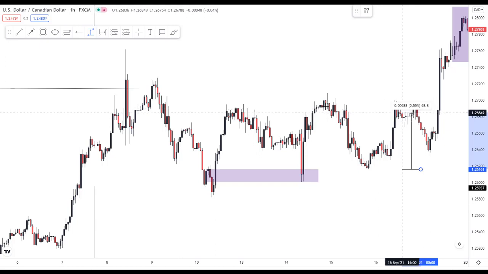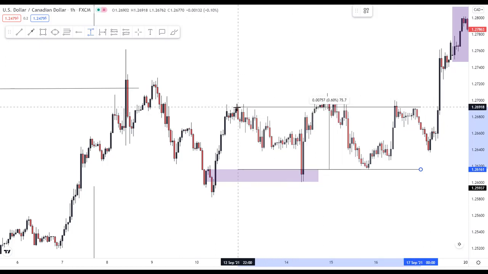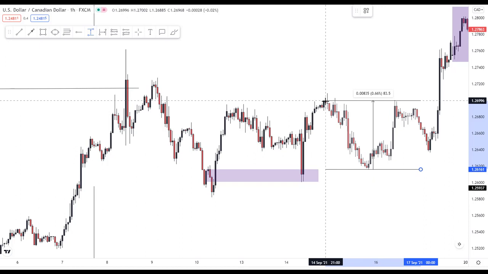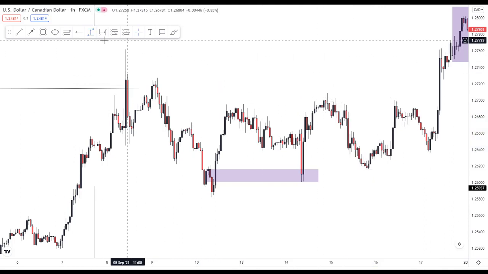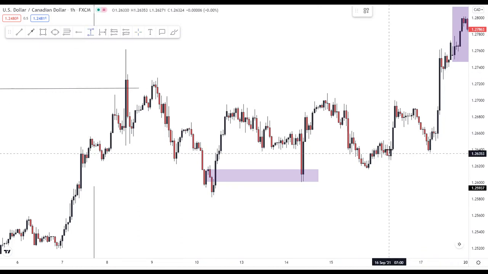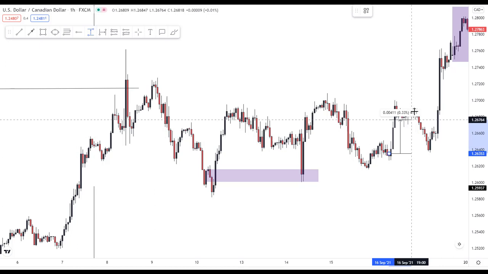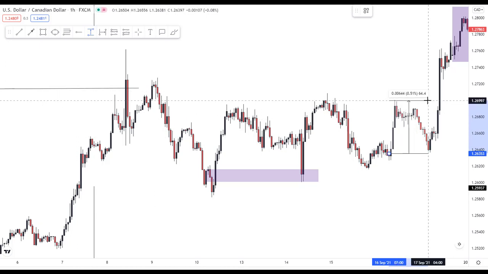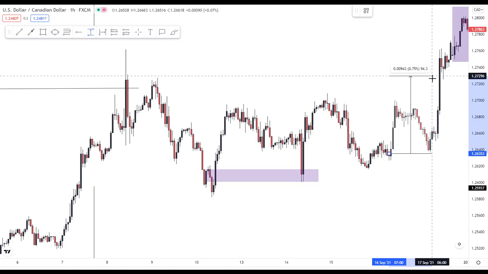That would have been 75 pips. You would have been able to take out this high, 83 pips. You'd have been able to take out this high, 64, this high, 84, and this 125.